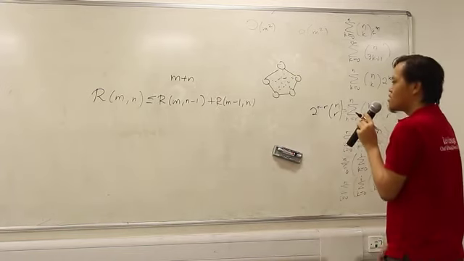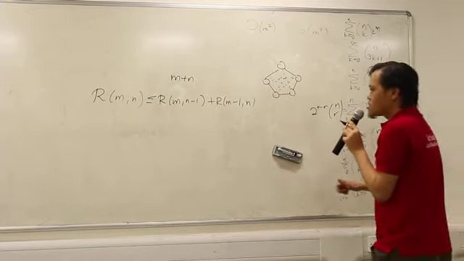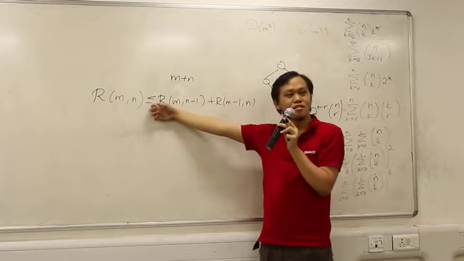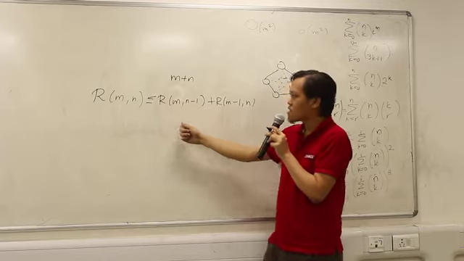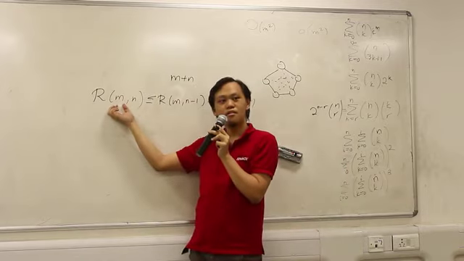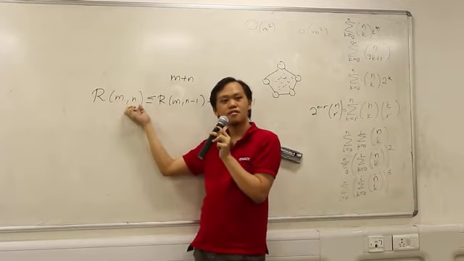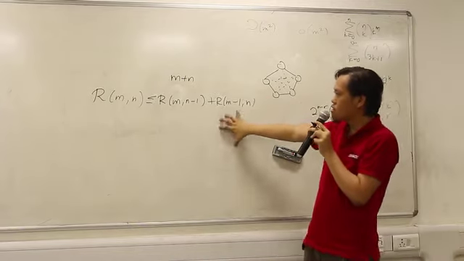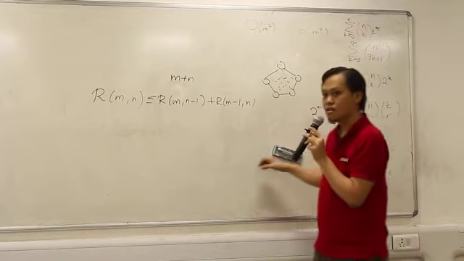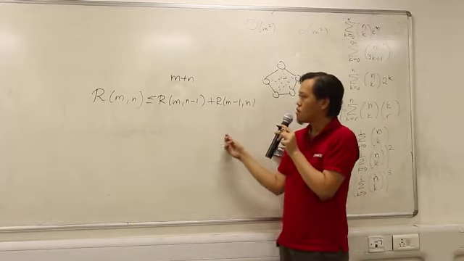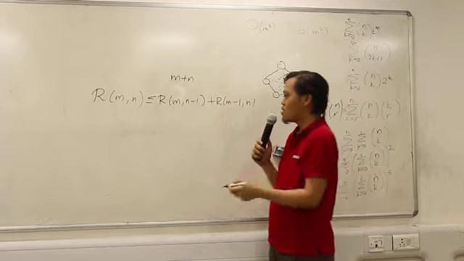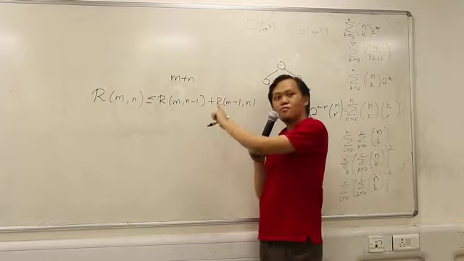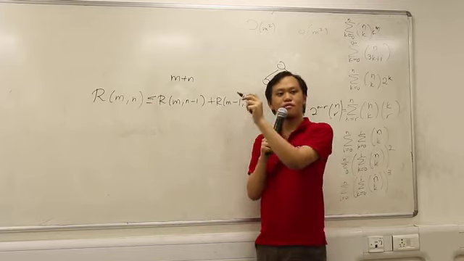So how do we do that? We want to construct a graph of this size such that it always contains either a clique of size m or a clique of size n. Okay, and as I said, it's just an extension of the original one. So I'll just give it directly. What we can do is, in the previous version, we looked at one node.